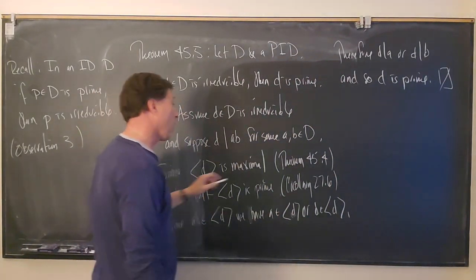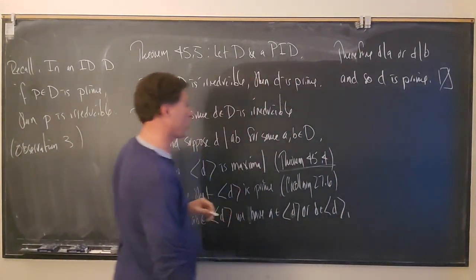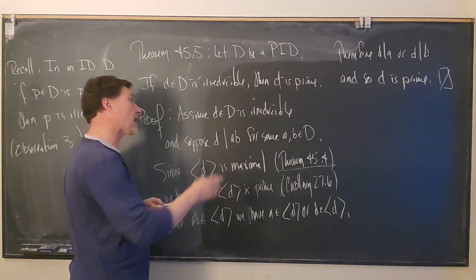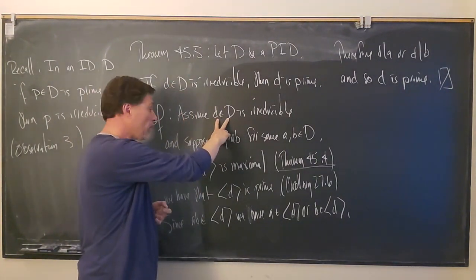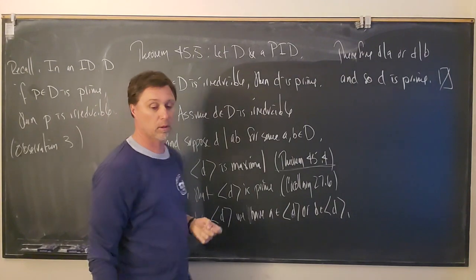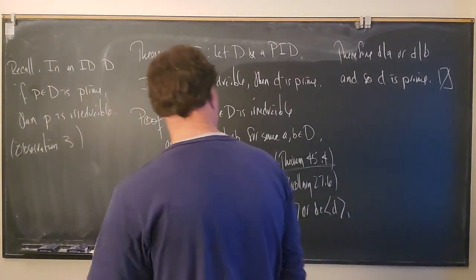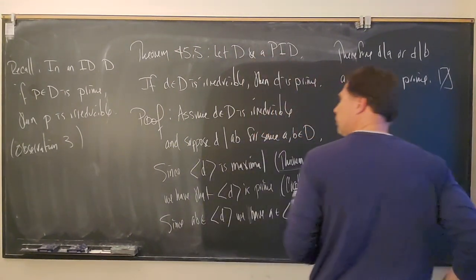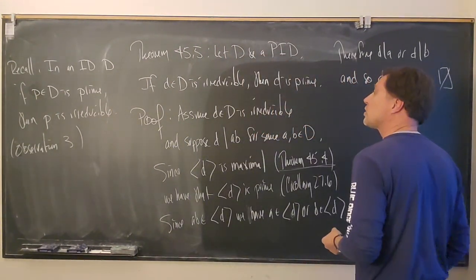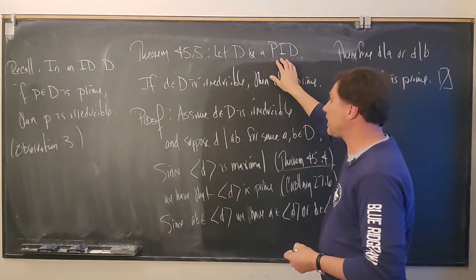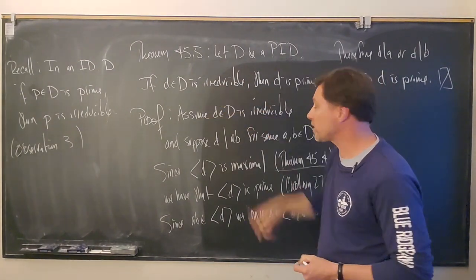So it's actually not a difficult proof. It relied on our previous theorem, 45.4, the fact that anytime in a PID we have an irreducible element, the corresponding ideal is maximal. So that's the end of the proof, but now let's put it down. In a PID, irreducibility is equivalent to prime.